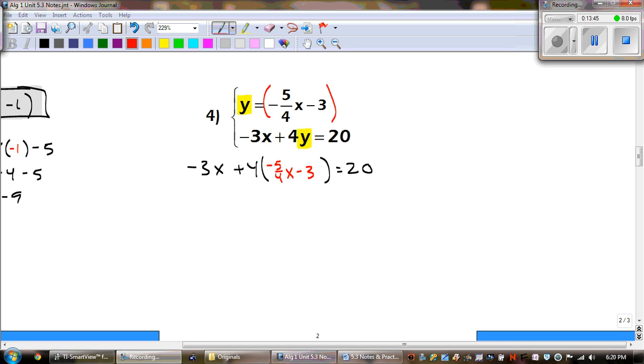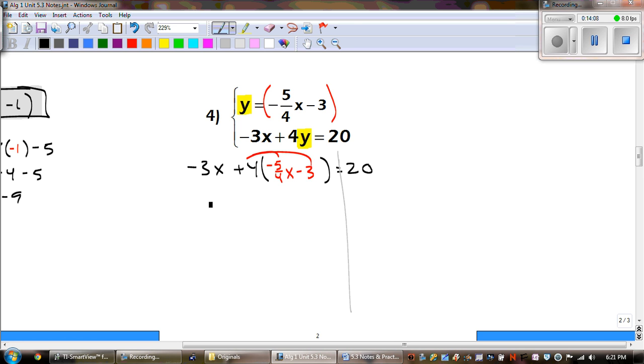Okay, so we have negative 3x plus 4 times (negative 5/4 x minus 3) equals 20. And remember, this is your checkpoint. I only have x's. That's exactly how I want it. Now we're doing this one together because I know some people freak out because of fractions. We're going to have to distribute.